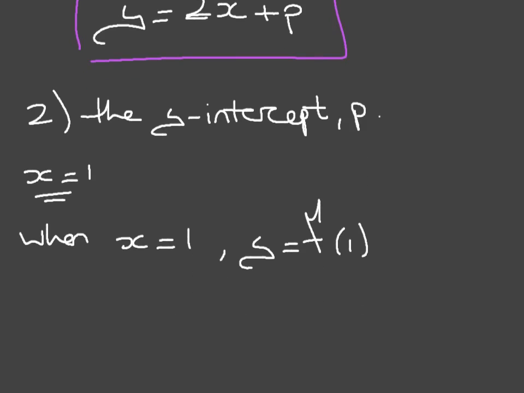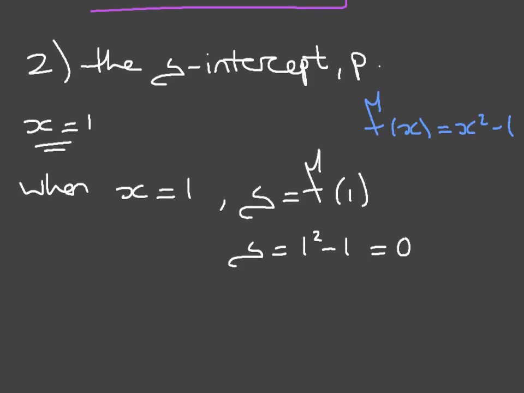Remember, I'll just remind us in blue here, f of x was x squared minus 1. So in this case, at x equals 1, y will be equal to 1 squared minus 1, which is equal to 0. In other words, we're looking for the tangent to the curve at the point not only at x equals 1, but at y equals 0.